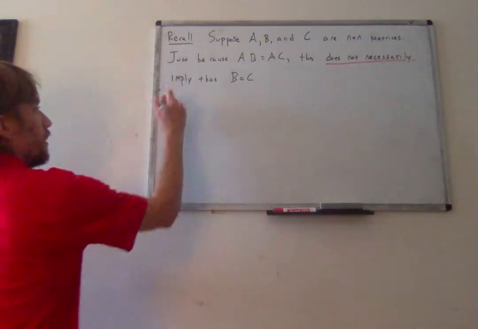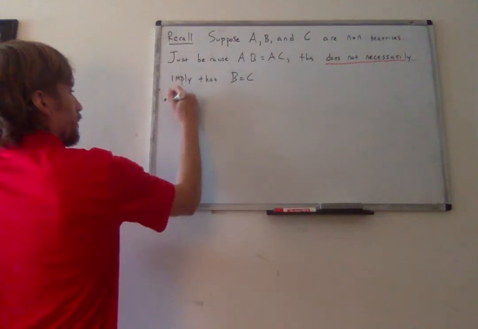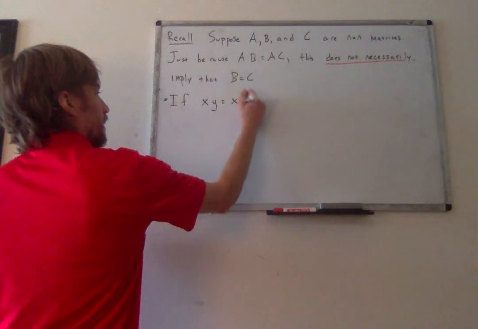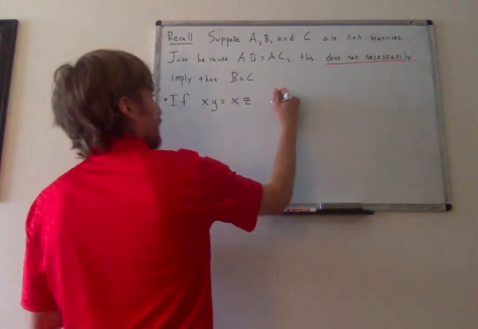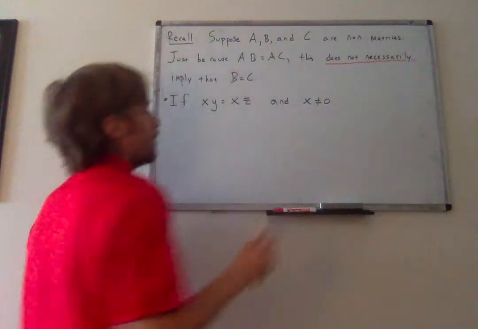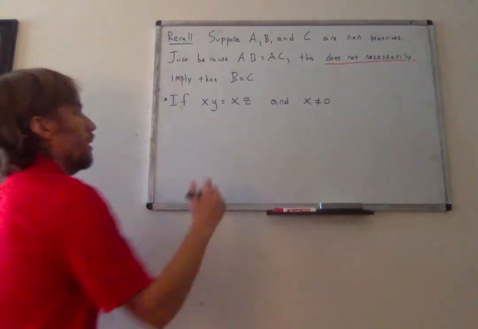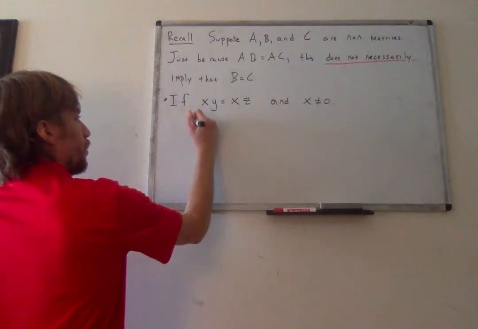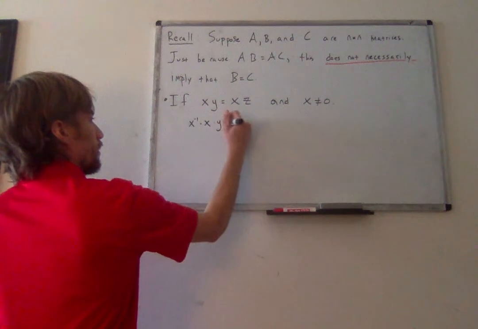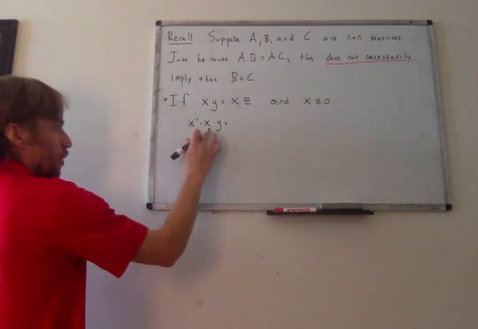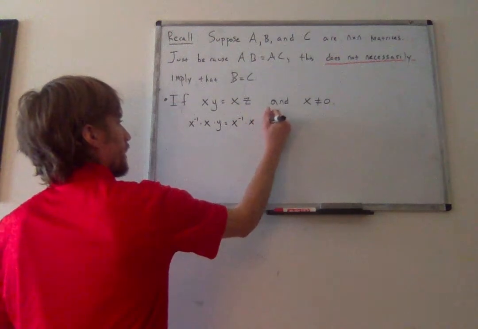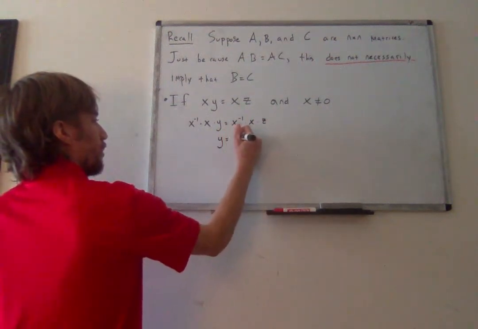So if I just have scalars x, y, and z, if xy is equal to xz and x is not equal to 0, right? Well, what I can do is I can multiply both sides of this equation by x to the negative 1, which is just 1 over x. So this is 1 over x times xy, and 1 over x times xz. And I get that this implies that y equals z.